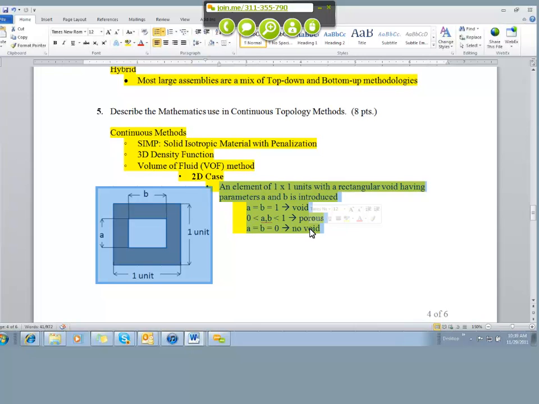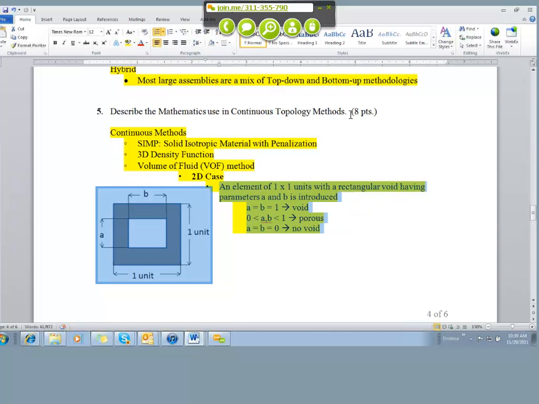If A and B are equal to 0, there's no void. If they're equal to 1, it's a complete void or empty cell. If I saw this kind of discussion, I think I awarded roughly 4 points for that kind of discussion.